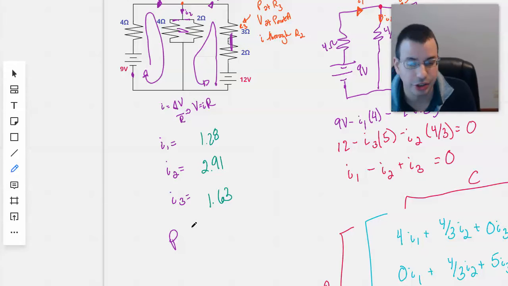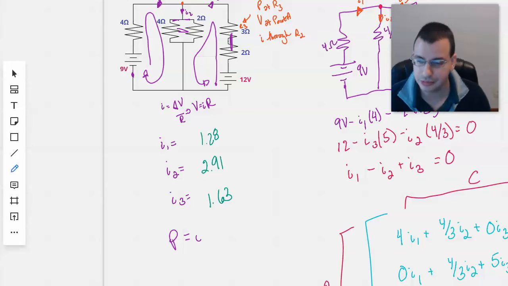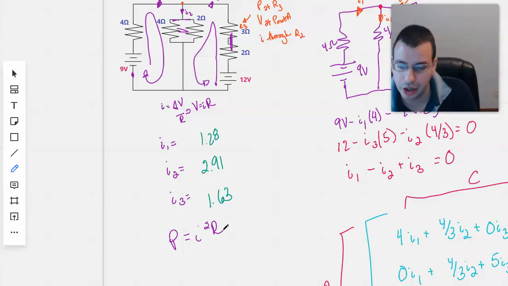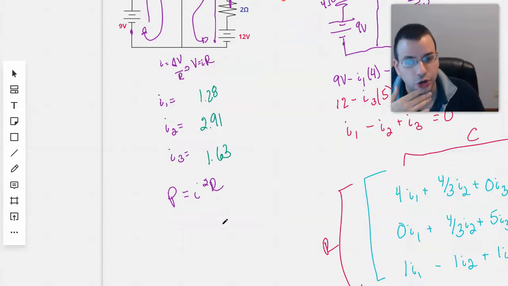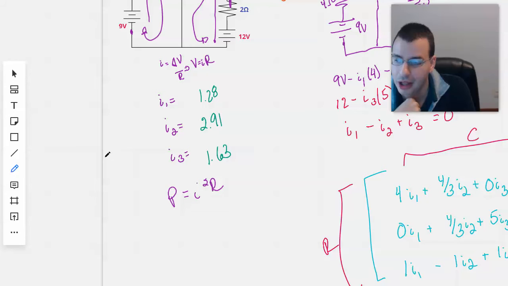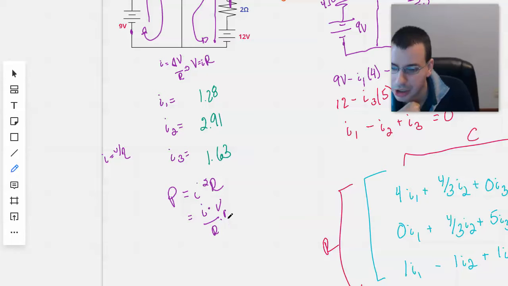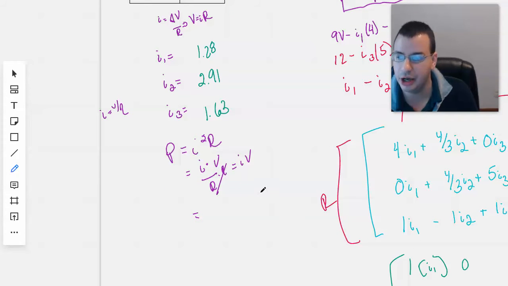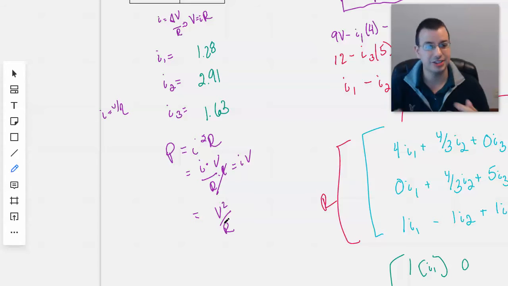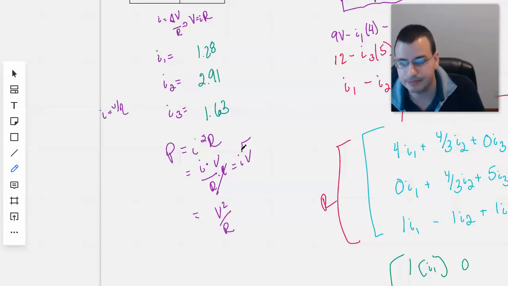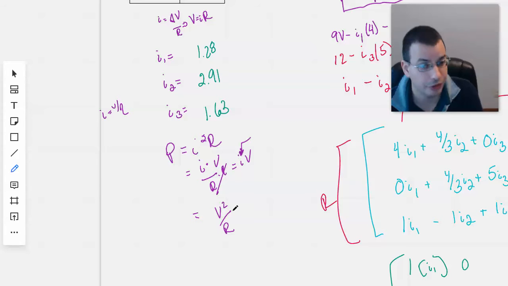So power is I squared R. That's where it comes from for a resistor. It's called I squared R losses. Alternatively, you could use Ohm's law and say that I equals V over R. So you could also write it as I times V over R times R, the R cancels, equals I times V. You can also write it as V squared over R, where you replace the last current with the voltage.